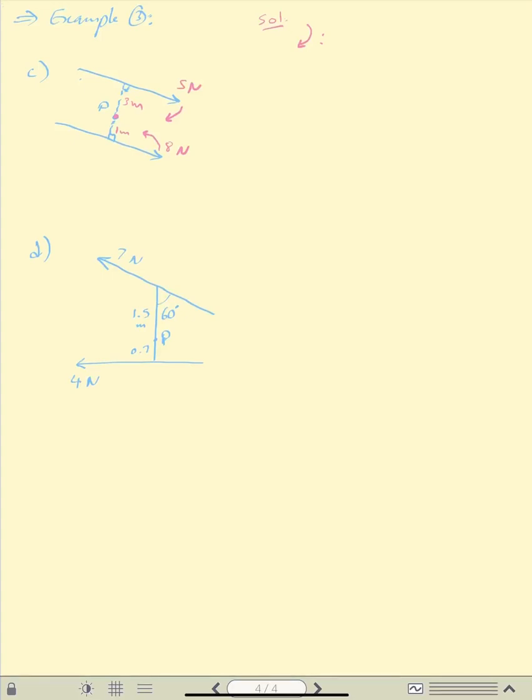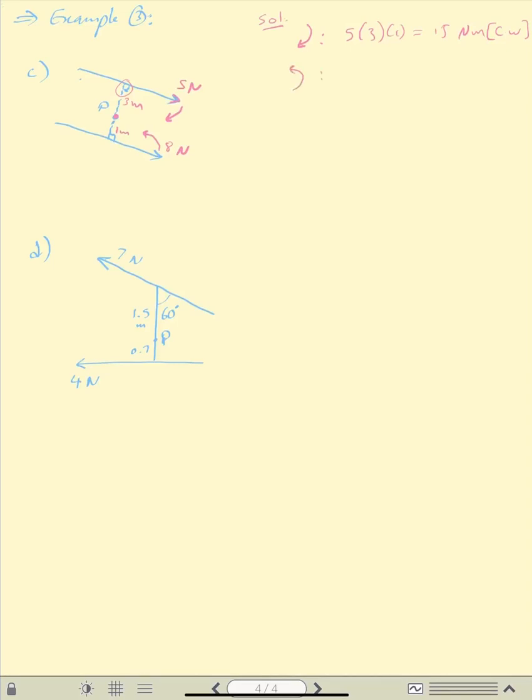It is the 5 Newtons. We can start with the clockwise or anti-clockwise, it depends on us. So the clockwise is the 5 Newtons, which is 5 times 3 times sine 90, which is 15 Newton meters clockwise.